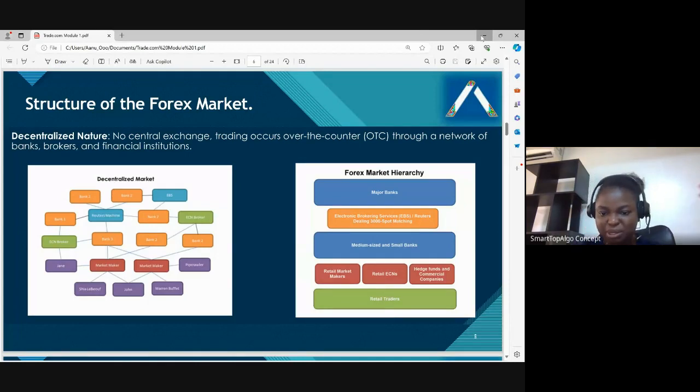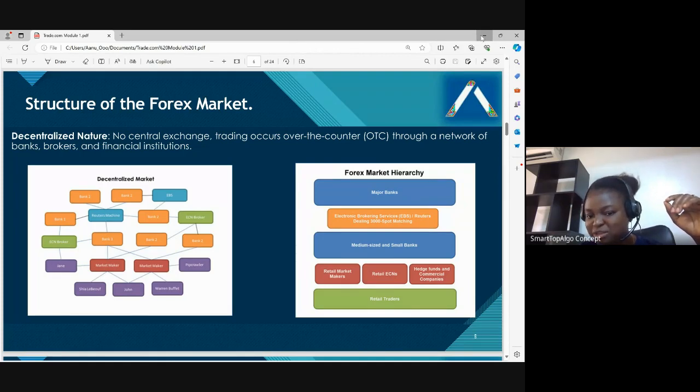So they are the big banks. It means that even the brokers you are seeing get access from these big banks. For the major brokers, the big bank is automatically their liquidity provider. They provide them the funds.